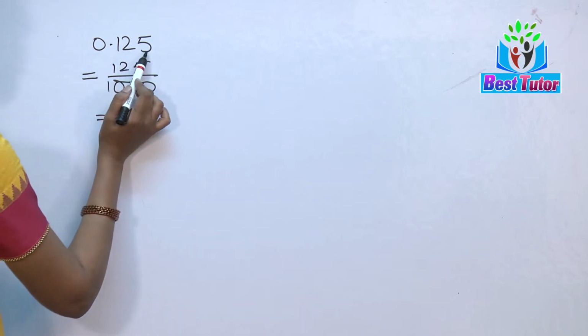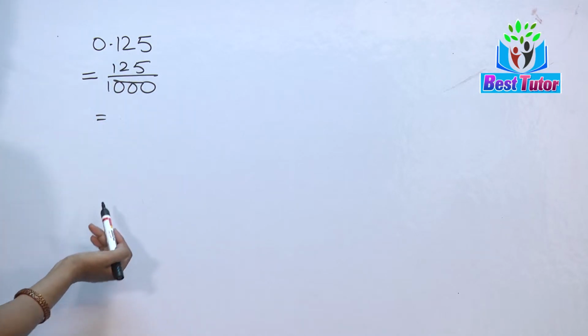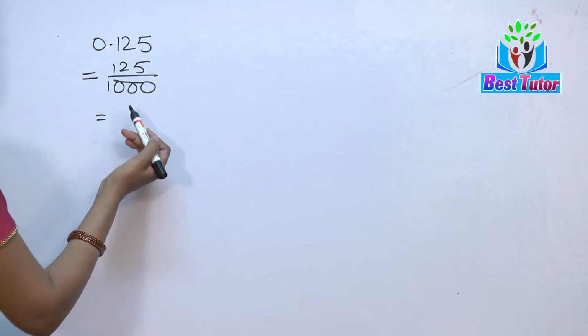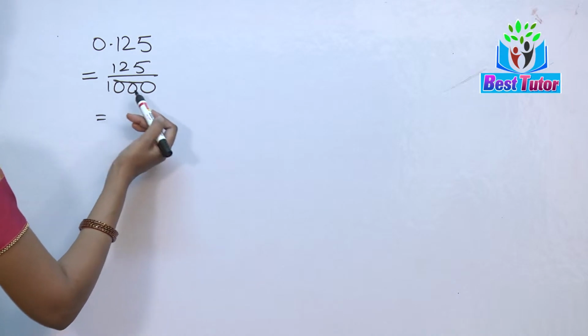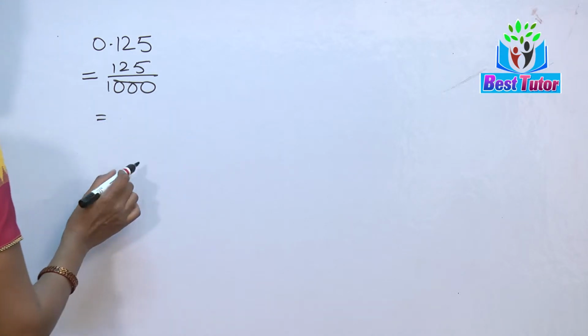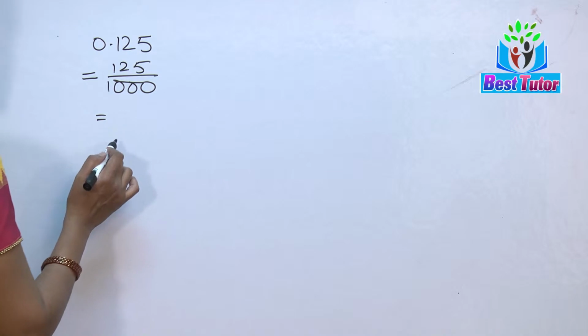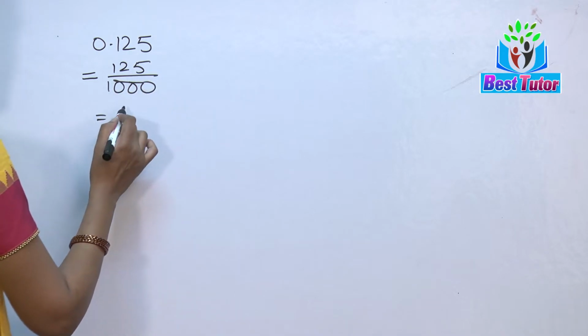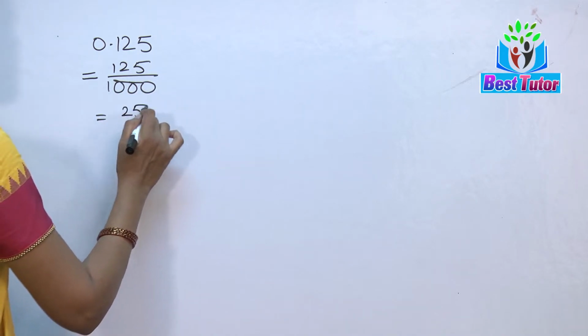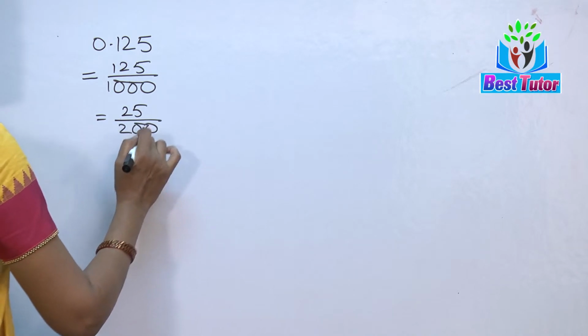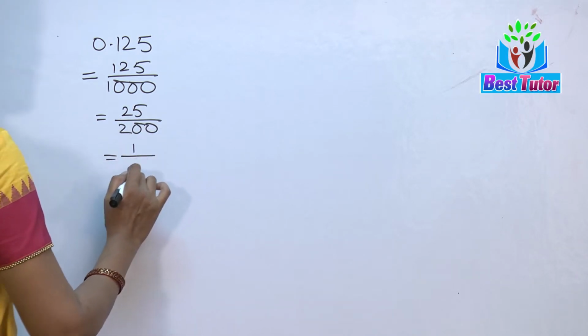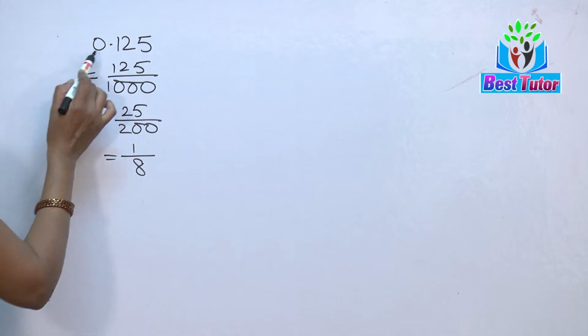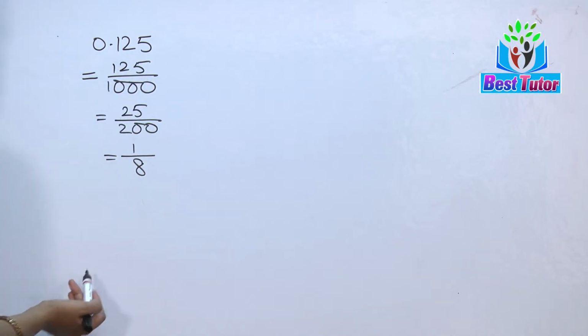Here the decimal number has 1, 2, 3 decimal places. So the denominator should be a cube of 10, that is 1000. Now 125 by 1000, these two have a common factor 5, and as it is 25 also, it is going to be 25 by 200 or 1 by 8. Now 0.125 has got transformed into 1 by 8.